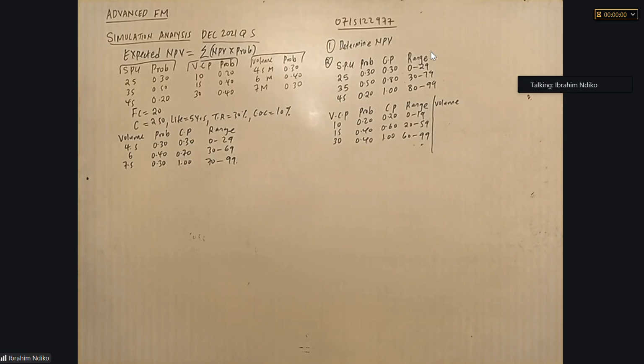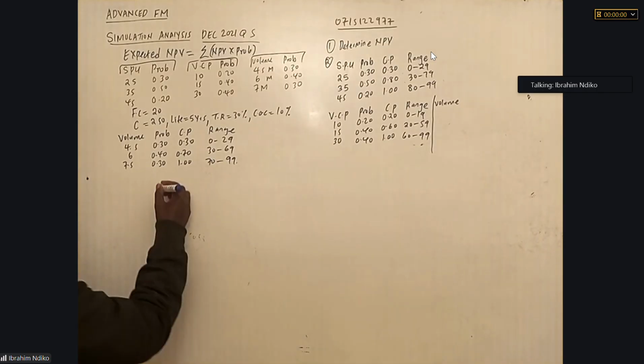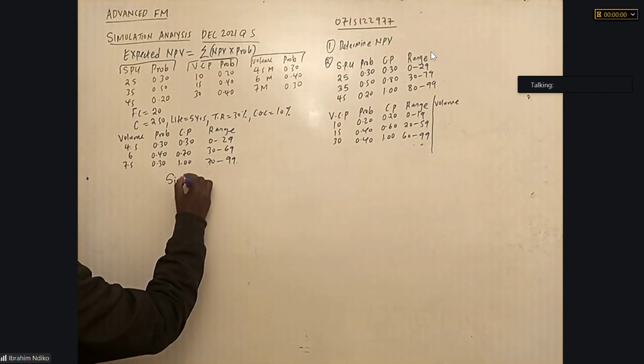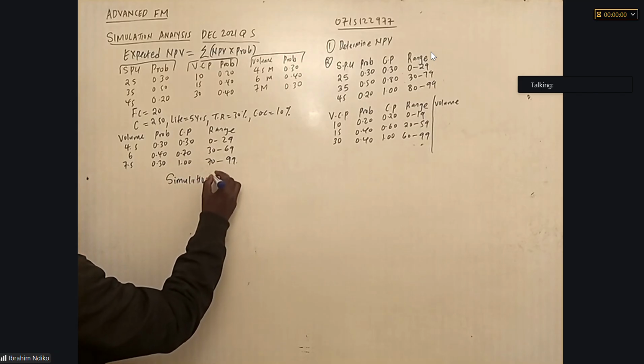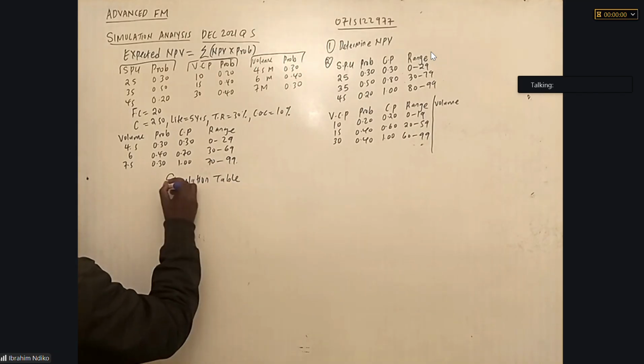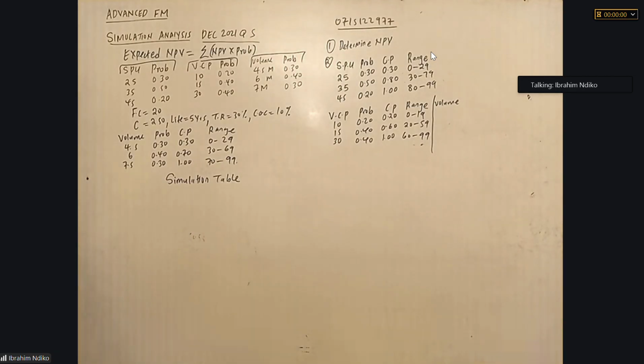Yes. Step number 3. We come up with a simulation table. Now, for this simulation table, we are going to ignore depreciation and the tax, because tukiweka itakuwa a very big table.